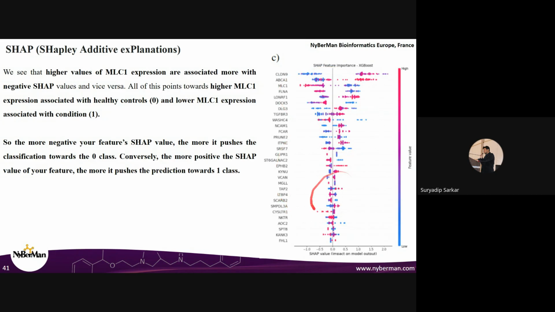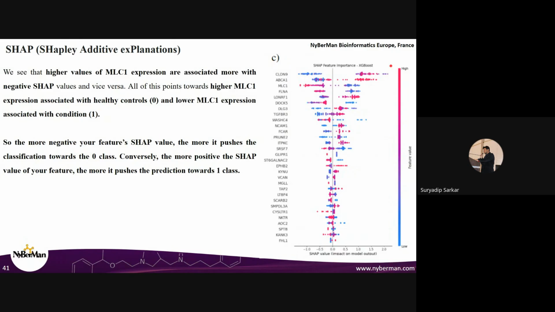So this is something known as a SHAP value plot or a SHAP feature importance plot. Let us actually see what this means. For example, let us take the example of MLC1. MLC1 is a gene. Now here you see this legend is for feature value. Red means high and blue means low.